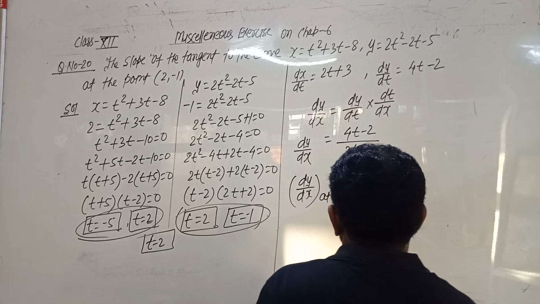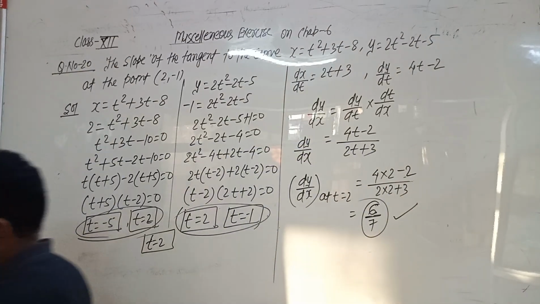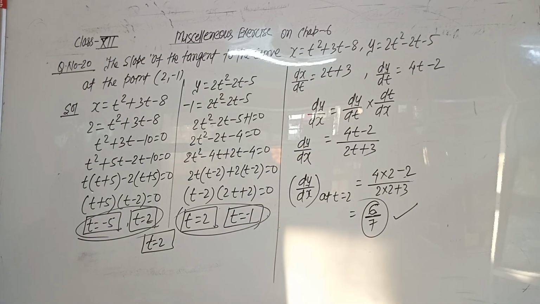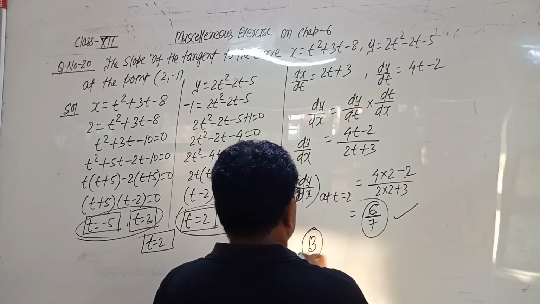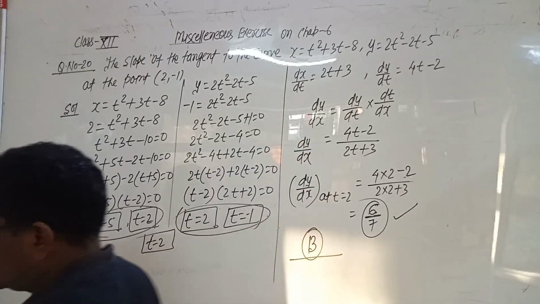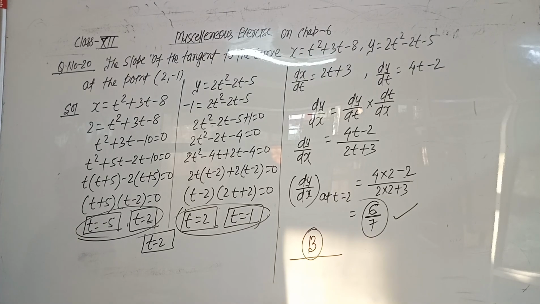The result we get is 6 by 7. So B is the correct option. The slope comes to be 6 by 7.